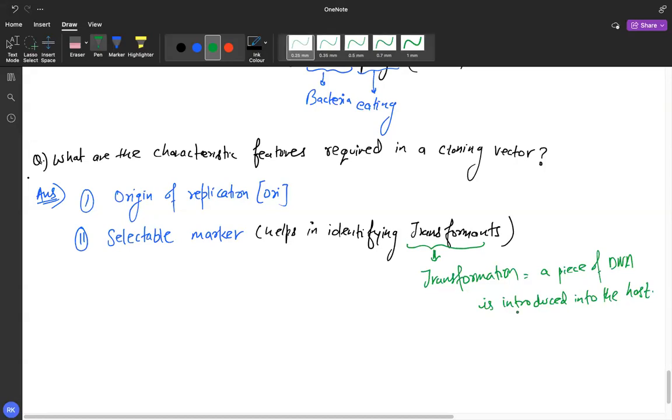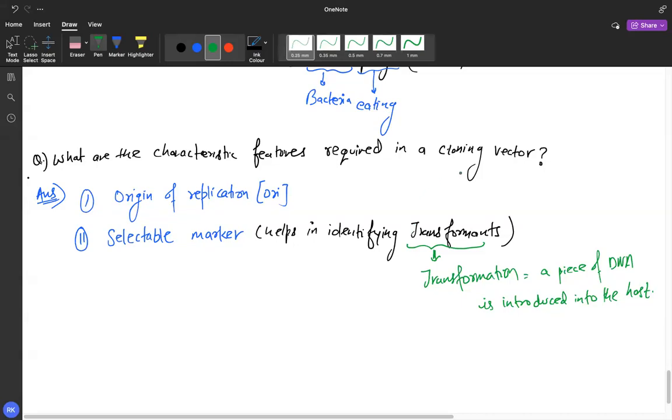So that selectable marker helps us to identify transformants and also to say whether our transformation process was a success or a failure. Now you can write down that mostly selectable markers are genes that provide resistance against antibiotics.